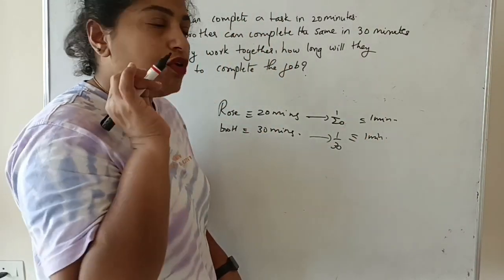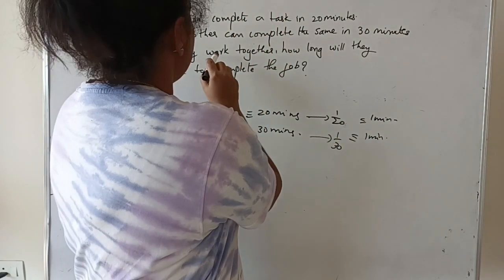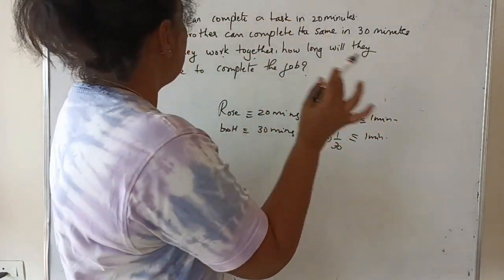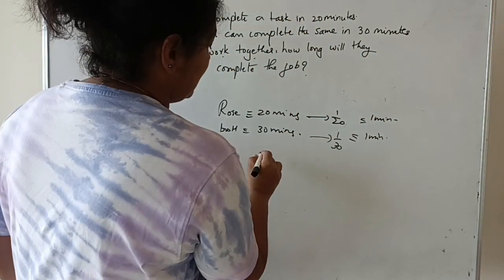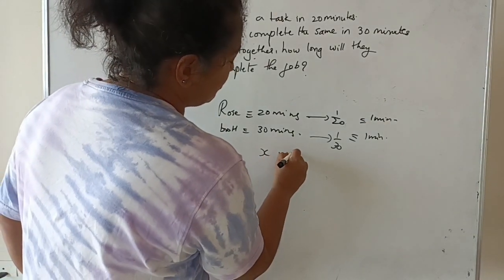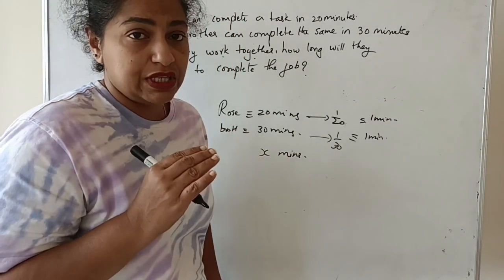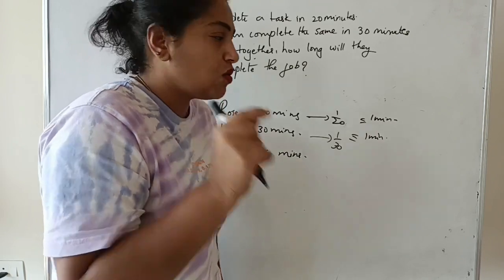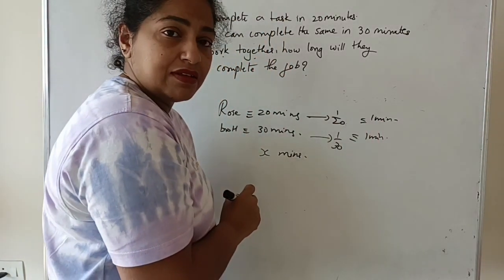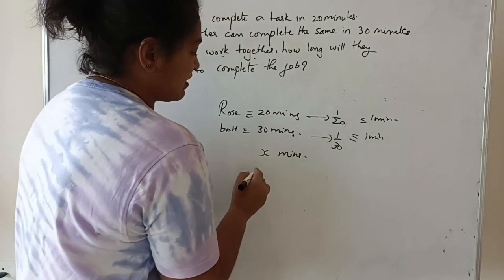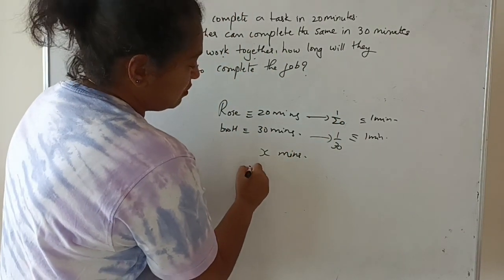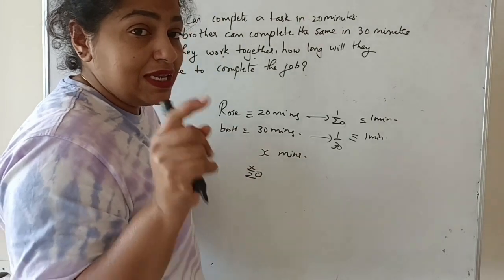Okay. What do we need to find? We need to find if they work together, how long will they take to complete the job? Let us assume that both of them together take x minutes to complete the job. Now, what is the work done by Rose alone in x minutes? It is the work done by Rose in 1 minute into x, which is x by 20. What is the work done by her brother in x minutes?